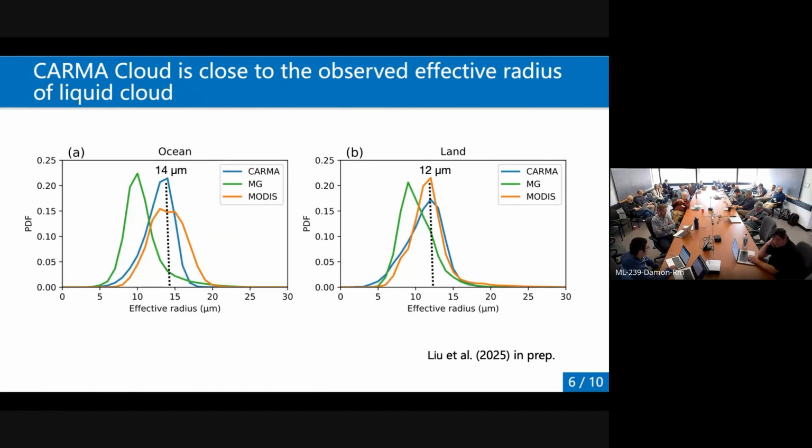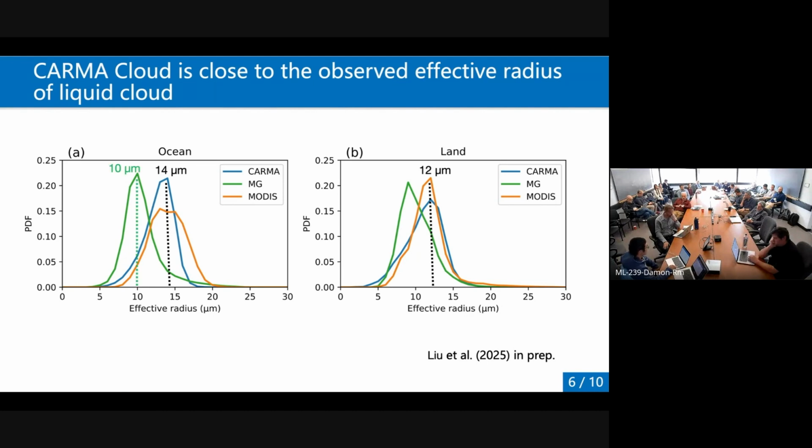The differences between ocean and land represent aerosol cloud interactions, because there are more anthropogenic aerosols over the land and more CCN, and therefore the sizes of cloud particles have decreased due to aerosol cloud interactions. Karma Cloud has captured these patterns very well and produces reasonable aerosol cloud interactions.